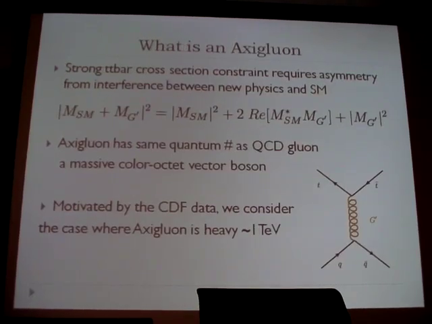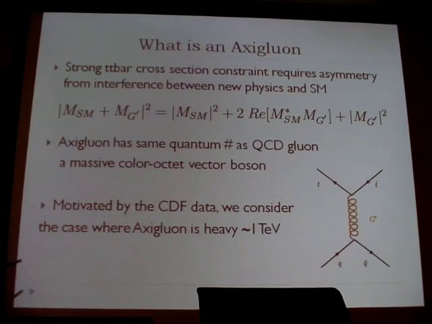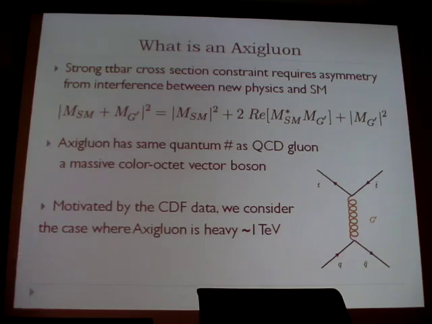So, what is an Axigluon? The Axigluon is a massive spin-1 color octet which has the same quantum numbers as a QCD gluon. Why do we want it to have the same quantum numbers? The reason is that there is a t t-bar cross-section constraint which is very strong.